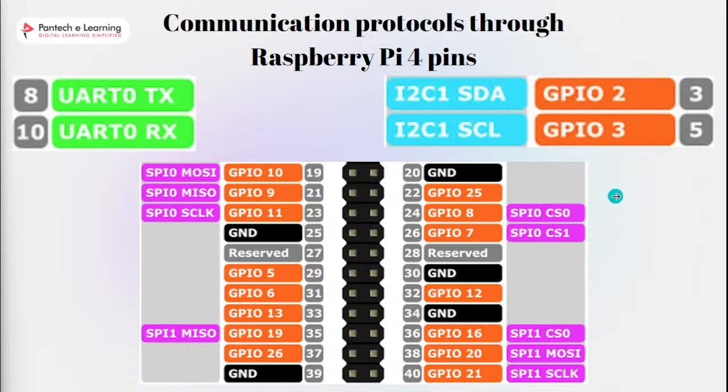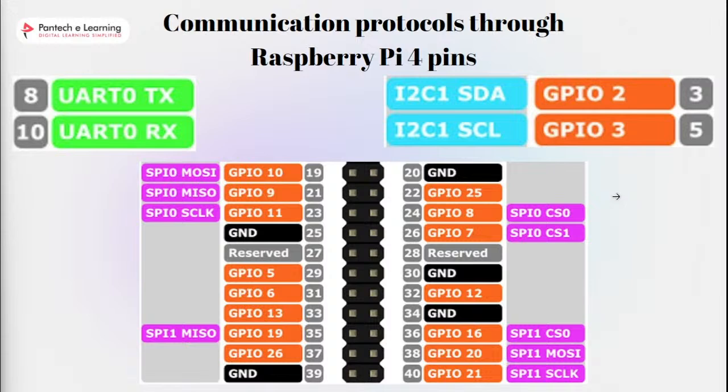Okay. So now let's talk about communication protocols through the Raspberry Pi 4 pins. You can use some hardware communication protocols directly with the Raspberry Pi 4 GPIOs. Those communication protocols are in fact the same ones that you can natively use on many Arduino boards. With those protocols you will be able to transfer far more information than with just a bunch of GPIOs configured as digital pins, right?